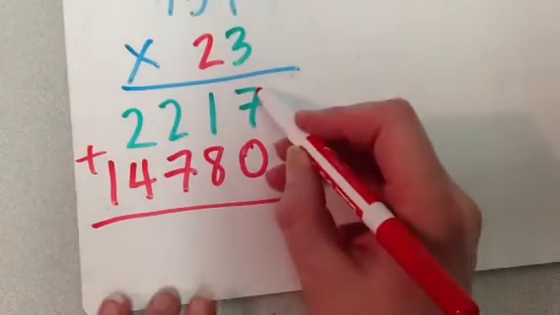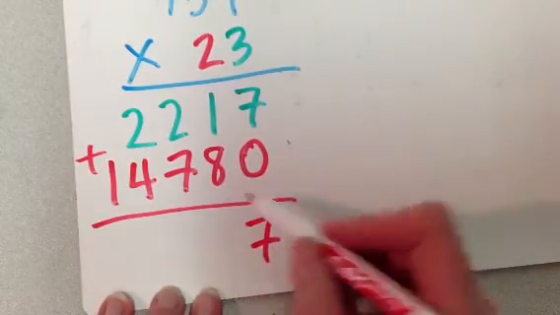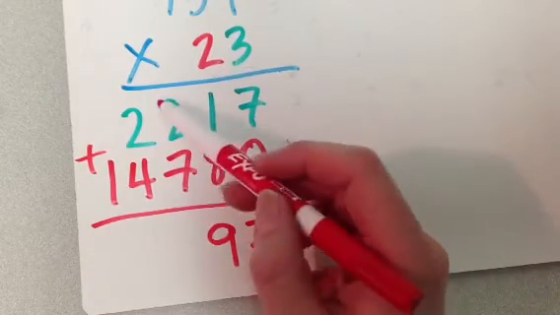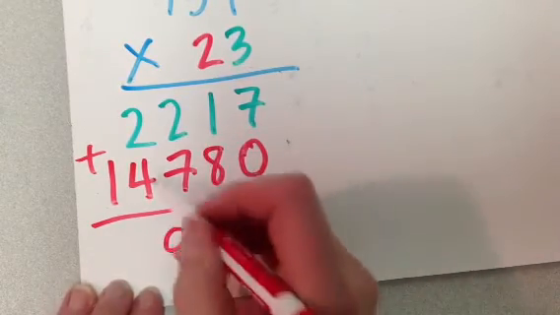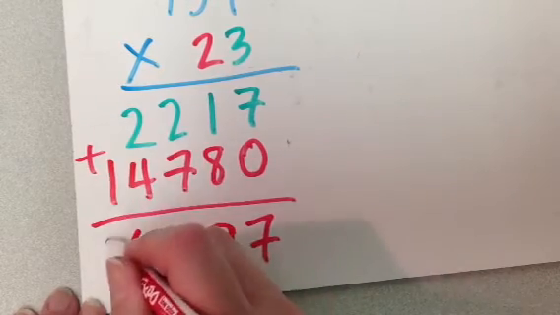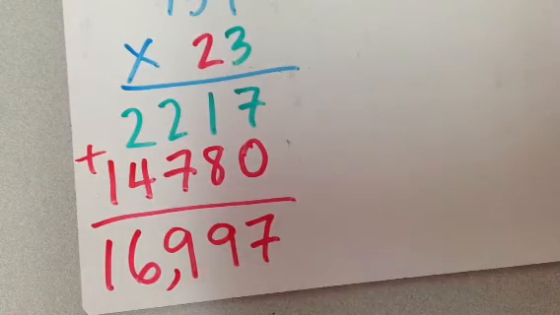So let's add this up now. 7 plus 0 is 7. 8 plus 1 is 9. 7 plus 2 is 9. 4 plus 2 is 6. And 1 plus nothing is 1. So that means 739 times 23 equals 16,997.